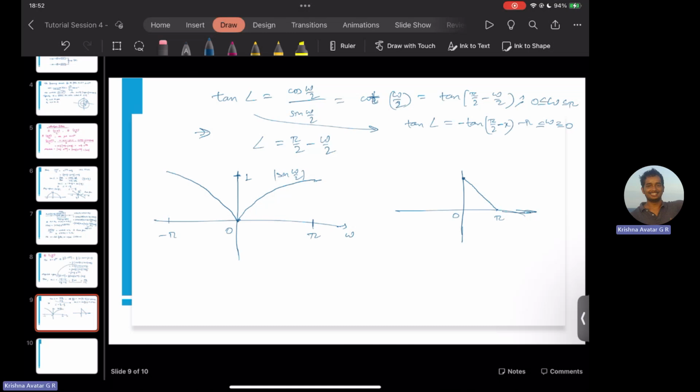Let's just understand it. So cosine is going to be negative in this, so it will be minus. It's going to be minus of tan of this, and we can take this inside and have minus pi by 2 plus x.